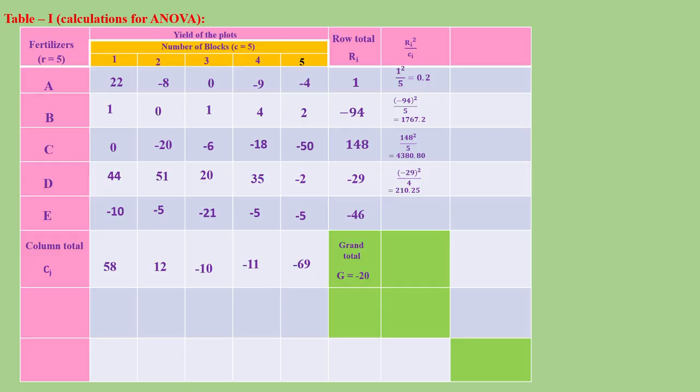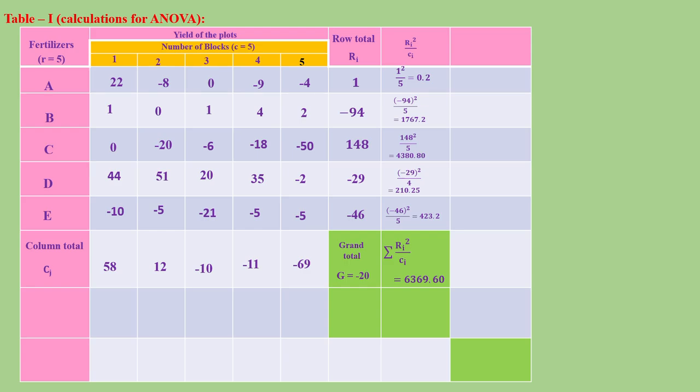Minus 29 square by 5, 210.25. And last row minus 46 square by 5, that is equal to 423.2. Similarly for columns, first add up the summation of Ri square by Ci.